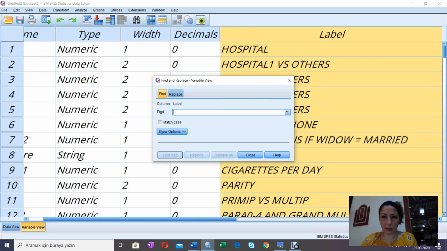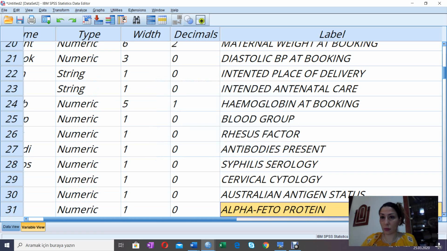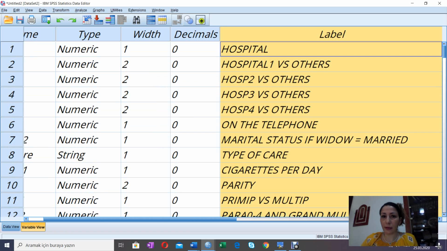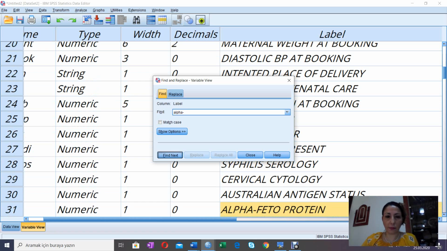So I select labels and I say alpha, and I find it from here. So what did I do now? I click label at the top, so I select the whole column. Then I use Control F and I write alpha, and I find alpha fetoprotein here.